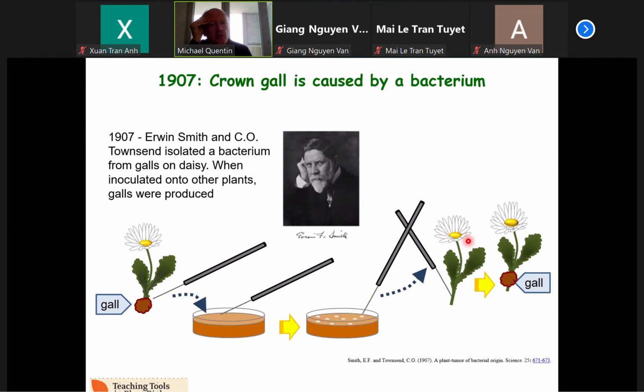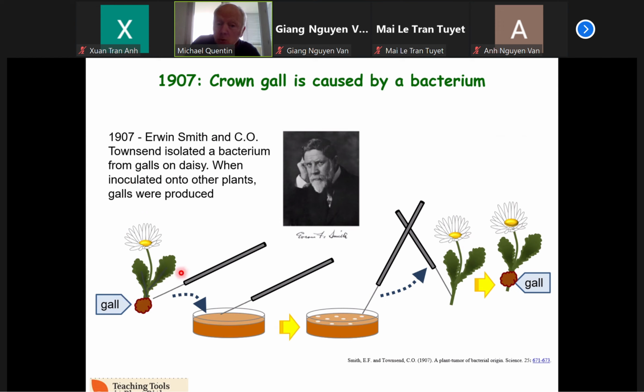Agrobacterium tumefaciens was discovered at the beginning of the 20th century. It's Erwin Smith and his colleague Townsend that discovered this bacteria. They were able to show that they could extract the bacteria from galls produced on this plant, which is called daisy.